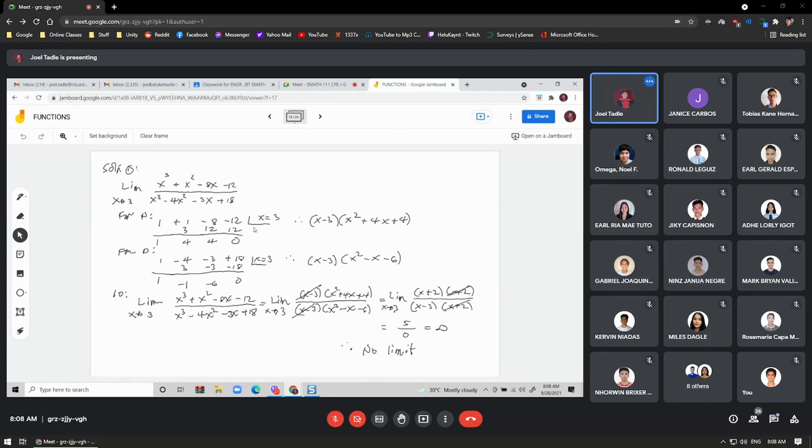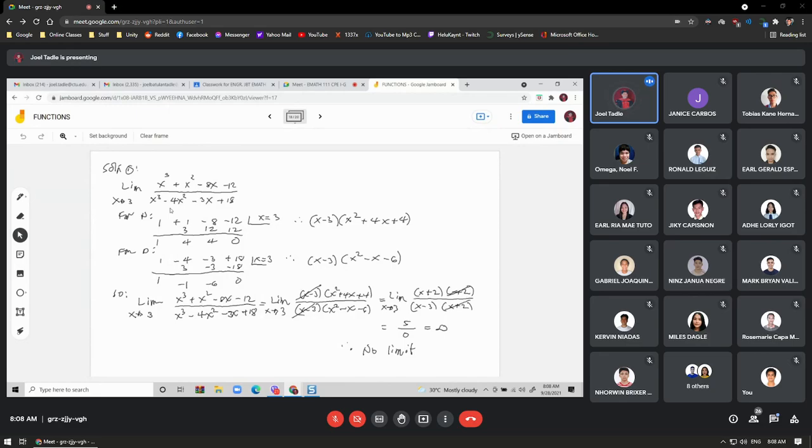So here, we need to verify first the denominator kung 0 ba siya or dili, no? So kung atong i-substitute ang 3 for x, ang result ani is 0, right? 3 cubed is 27. Then we have 3 squared, 9 times 4, 36.